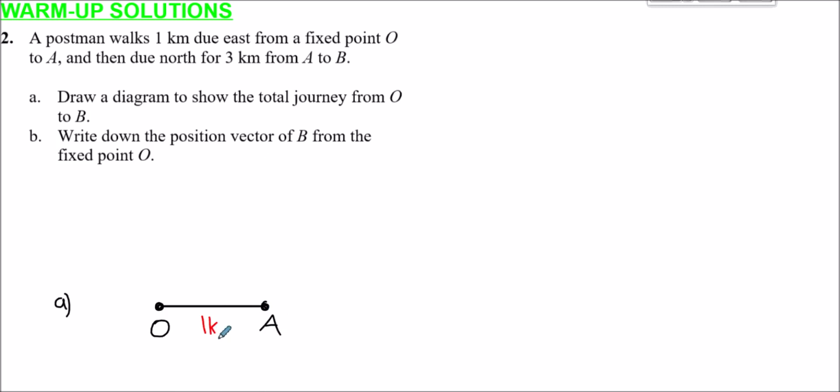And then at A, he goes due north, which is straight up on a page, from A to B. And so we need to make a line which is roughly 3 times longer than the one we've just done. It doesn't particularly matter too much about the scale, as long as the diagram shows what's happening, more or less. So from A to B is like this. And so the diagram to show the total journey from O to B, O to A to B, looks something like that.